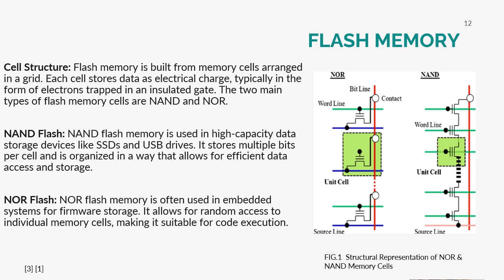The series connections consume less space than the parallel ones, reducing the cost of NAND flash. It does not by itself prevent NAND cells from being read and programmed individually. NAND flash memory is used in high capacity data storage devices like SSDs and USB drives, but NOR flash memory is used in embedded systems for firmware storage.